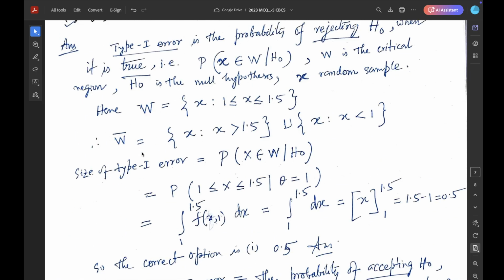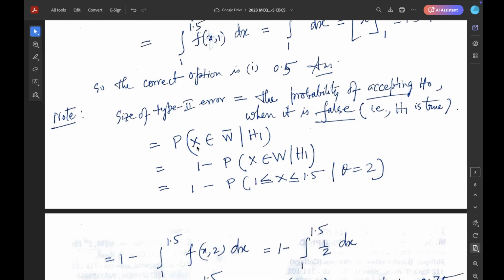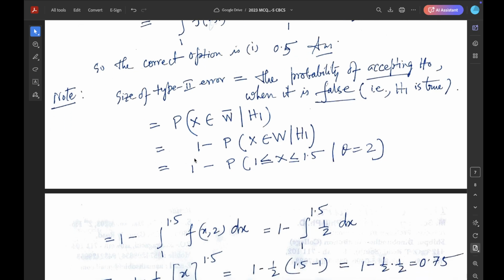Note that the size of type 2 error is the probability of accepting H0 when it is false, that is when H1 is true. So it is the probability of x belonging to W bar when H1 is true, which is 1 minus the probability of x belonging to W when H1 is true.